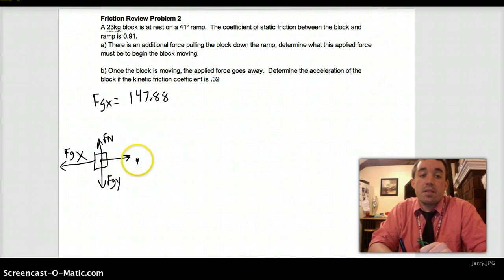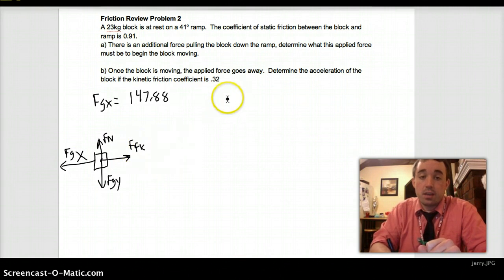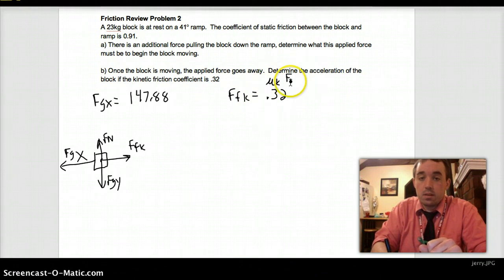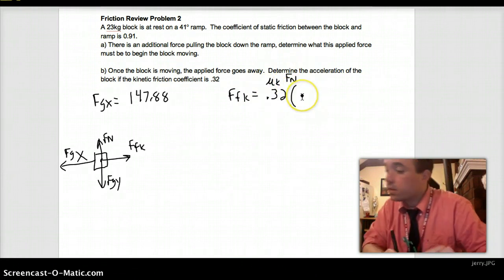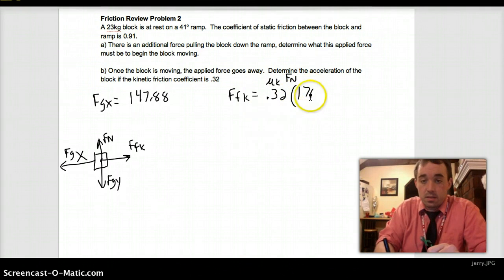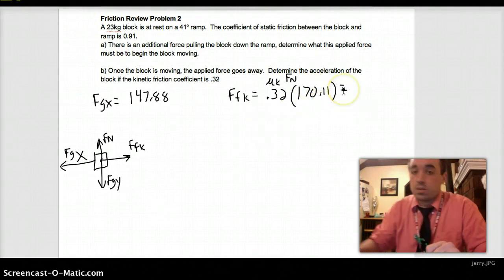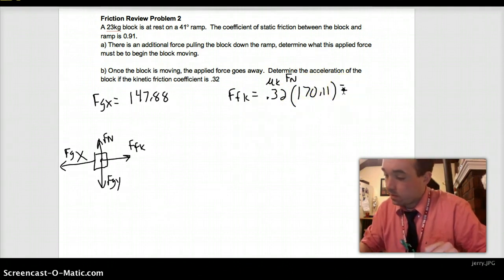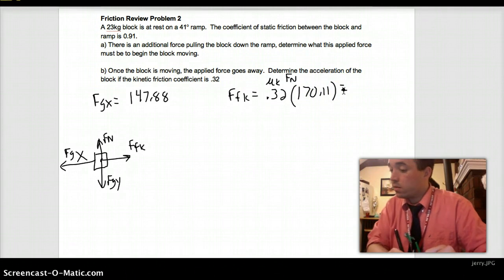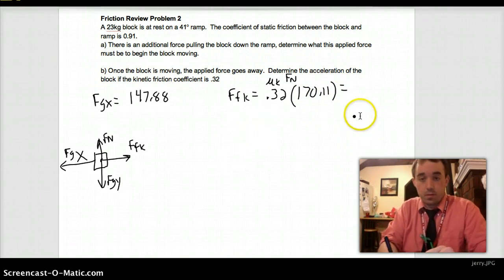And I have one force acting backwards, but because this thing's moving, it's no longer FFS, it's FFK. So I've got to figure out what FFK is, my force of kinetic friction. To do that, it's 0.32, which is mu k, times, again, the normal force, 170.11, which equals 54.44 newtons.